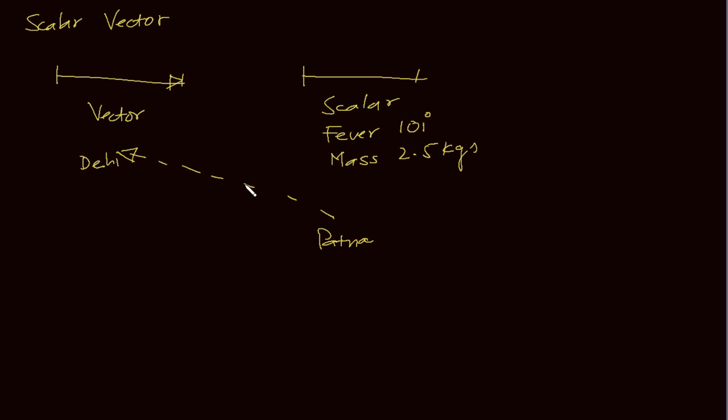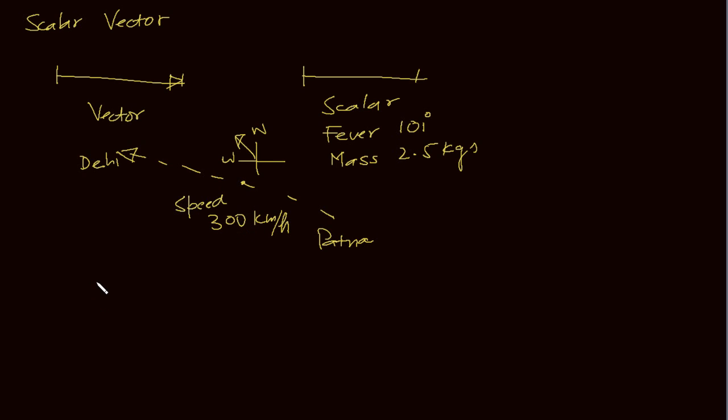So at any point it is relevant to know that the speed of the plane, say, is 300 kilometers per hour, and it is going in, so if I draw, so this is north, this is west, so you say that it is going in northwest direction, because without the direction it doesn't make sense to express velocity of a plane.